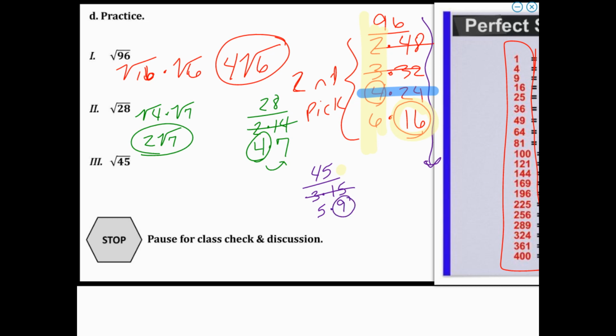Okay, so that's on my big side, right? So I don't really need to keep going. There's no other factors. It doesn't divide by anything else. Okay, so we've got the square root of 9 times the square root of 5. The square root of 9 simplifies to 3, so we have 3 square roots of 5.